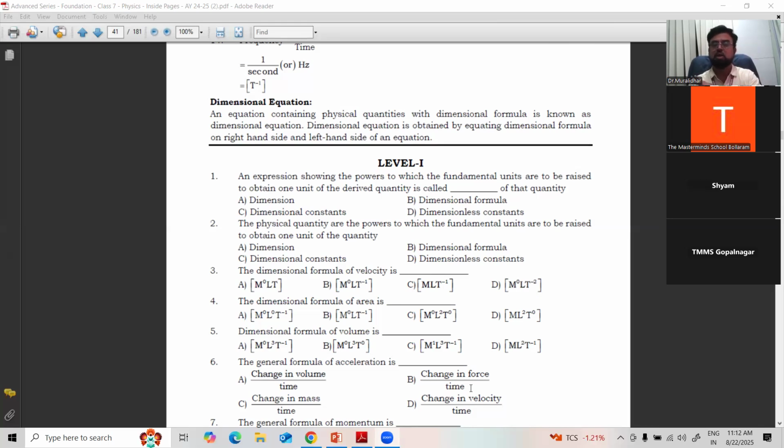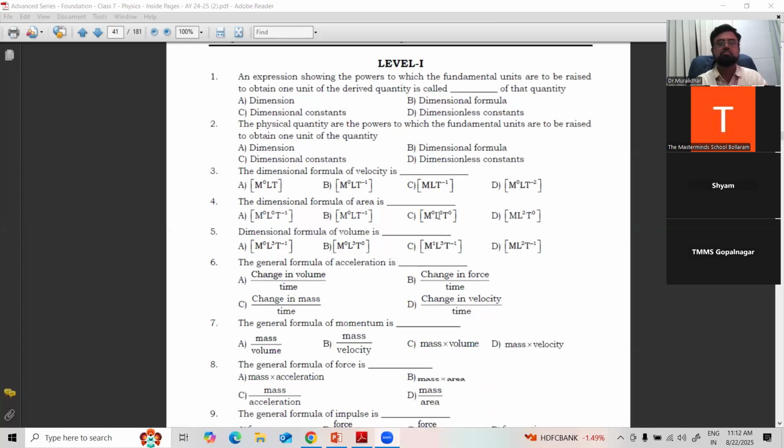These dimension formulas are not applicable everywhere; there are some exemptions. That all will come in the next class, 8th class. Right now you just learn what is dimension and what is dimension formula, and how to write the dimension formula of the given physical quantities.